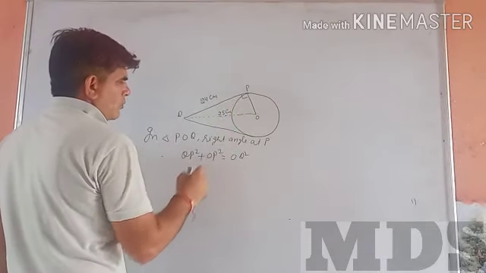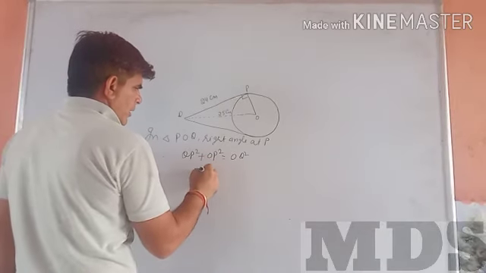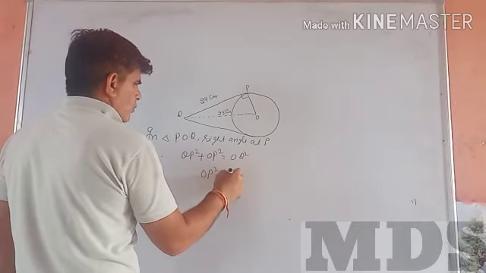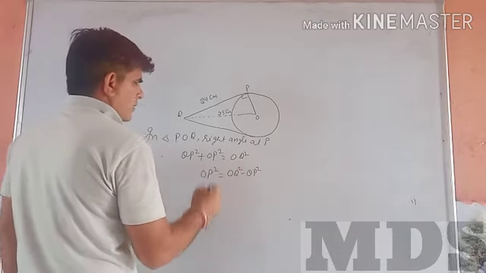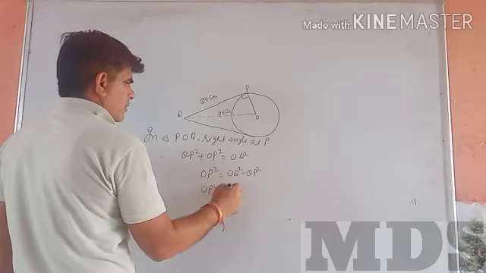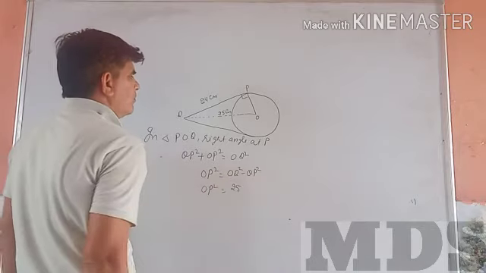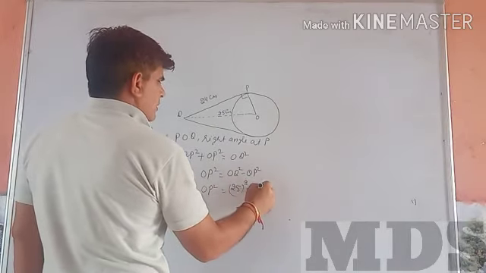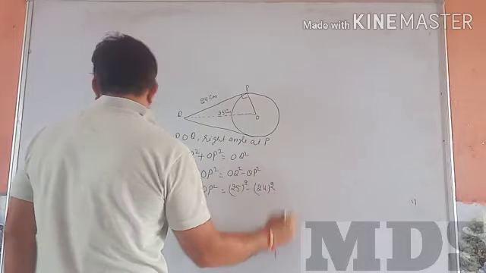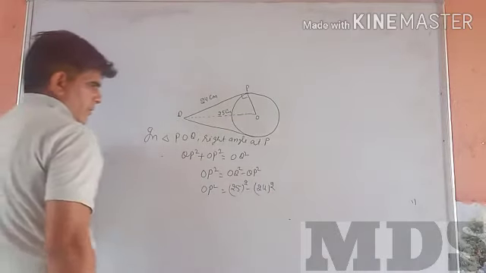So you have to find out OP. Taking the remaining to this side, OP square equals OQ square minus QP square. OP square is equal to 25 square minus 24 square. Understood?